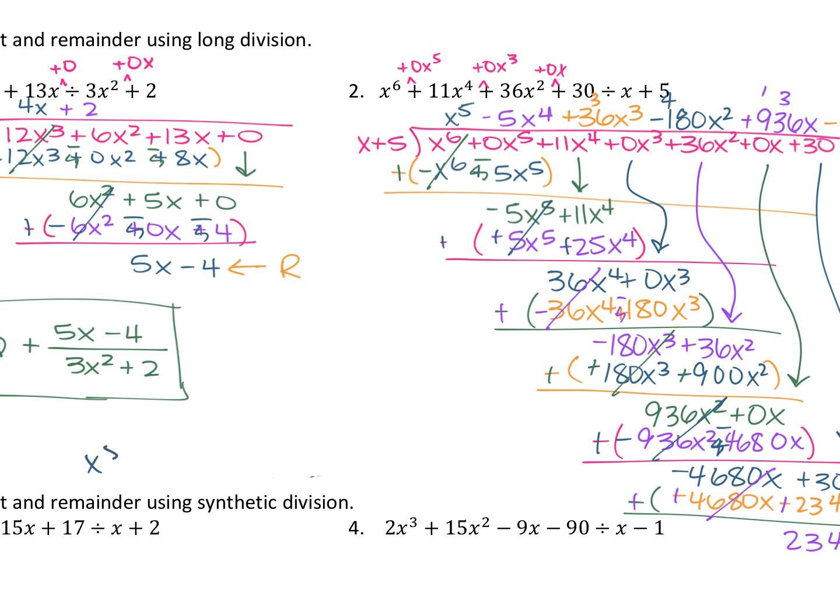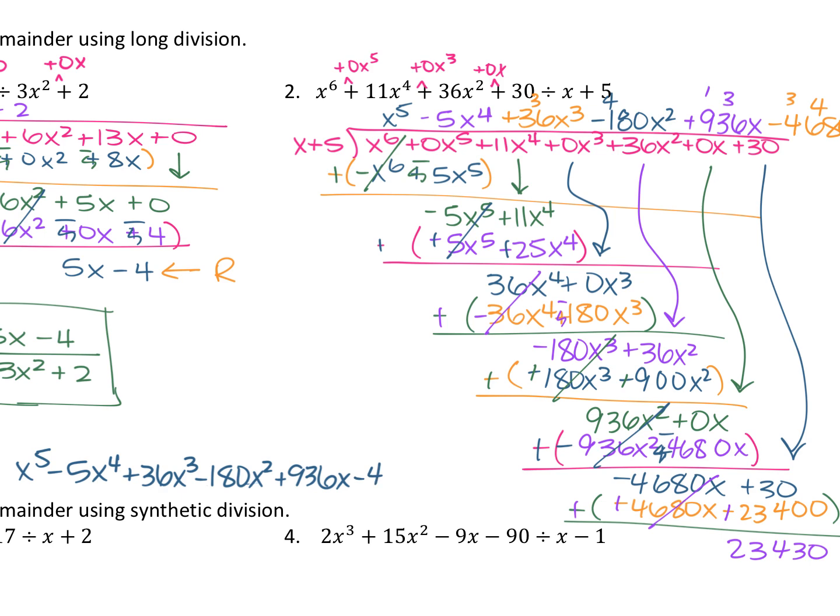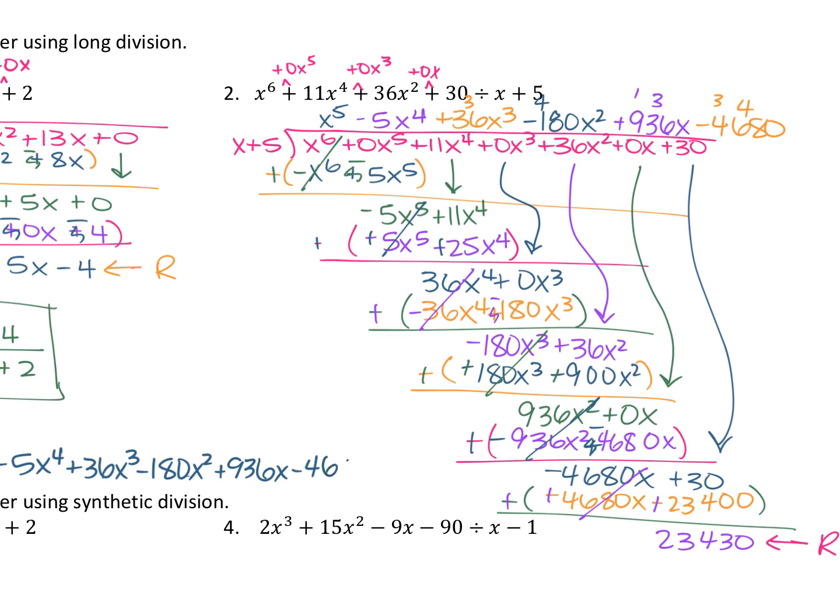Here we go. x to the 5th minus 5x to the 4th plus 36x cubed minus 180x squared plus 936x minus 4,680 plus 23,430 over x plus 5.